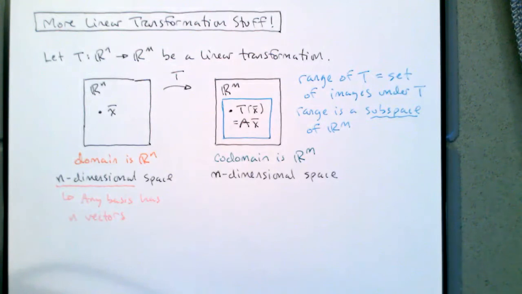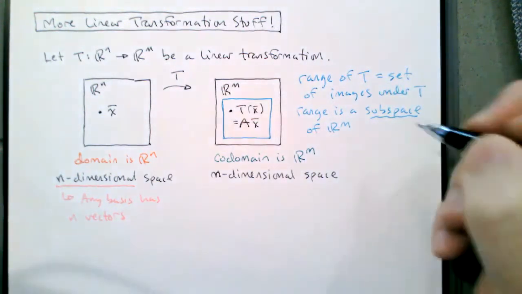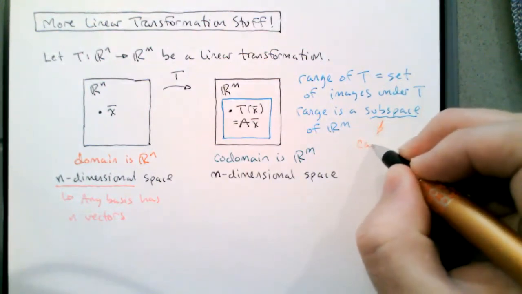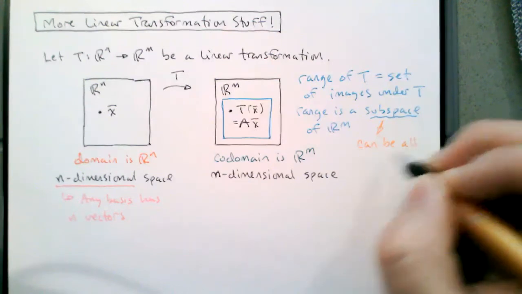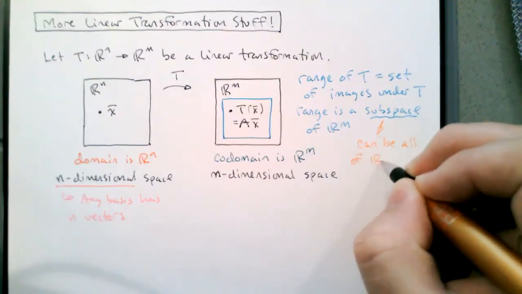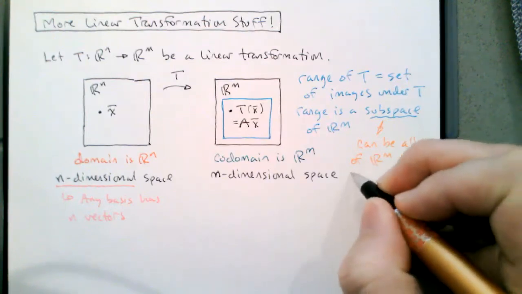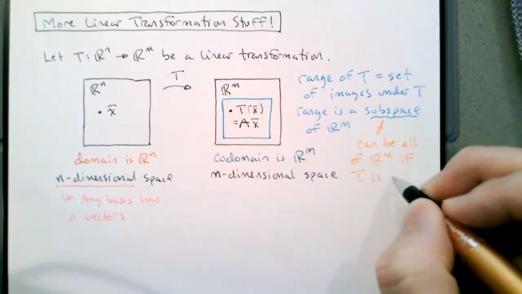The range could be all of Rm, or it could be some proper subspace of Rm. So we should point that out. Even though it's a subspace, it could be all of Rm if the transformation is onto.